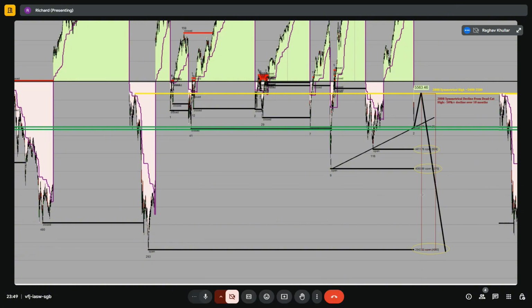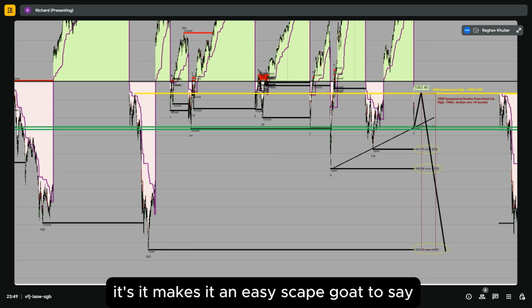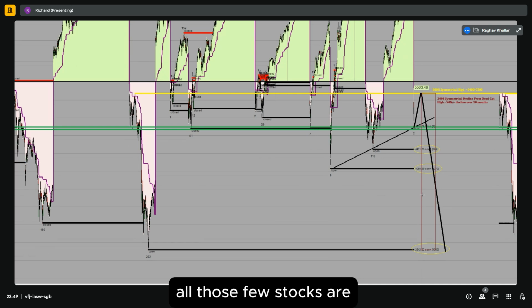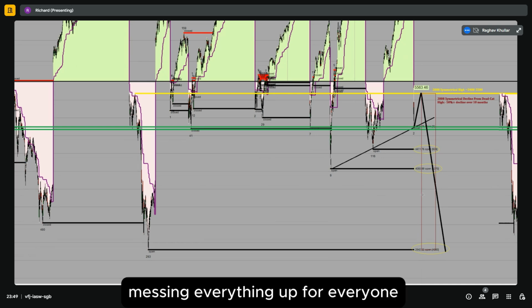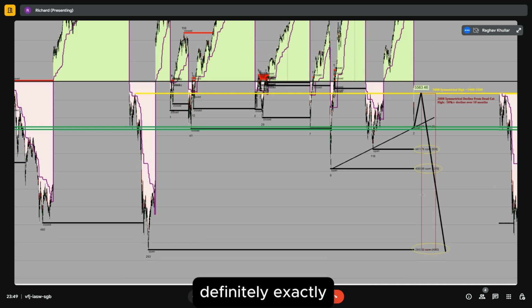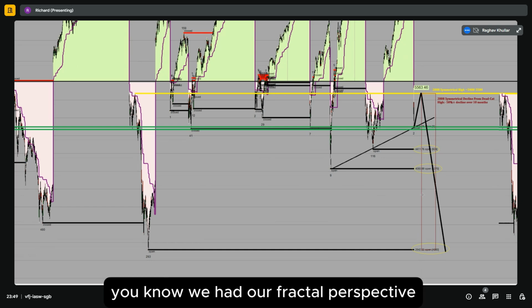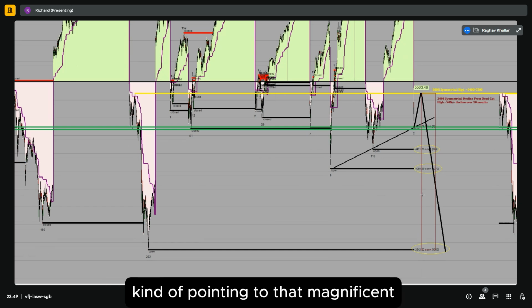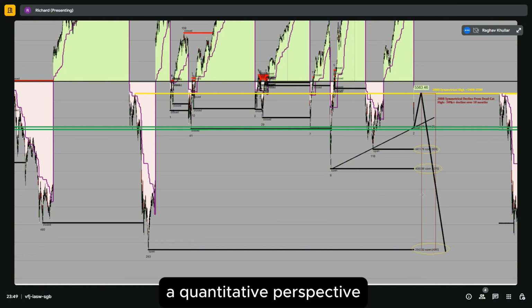Yeah, definitely. It makes it an easy scapegoat to say, oh, those few stocks are messing everything up for everyone. Exactly. And so we had our fractal perspective pointing to that Magnificent hyperconcentration effect from a quantitative perspective.